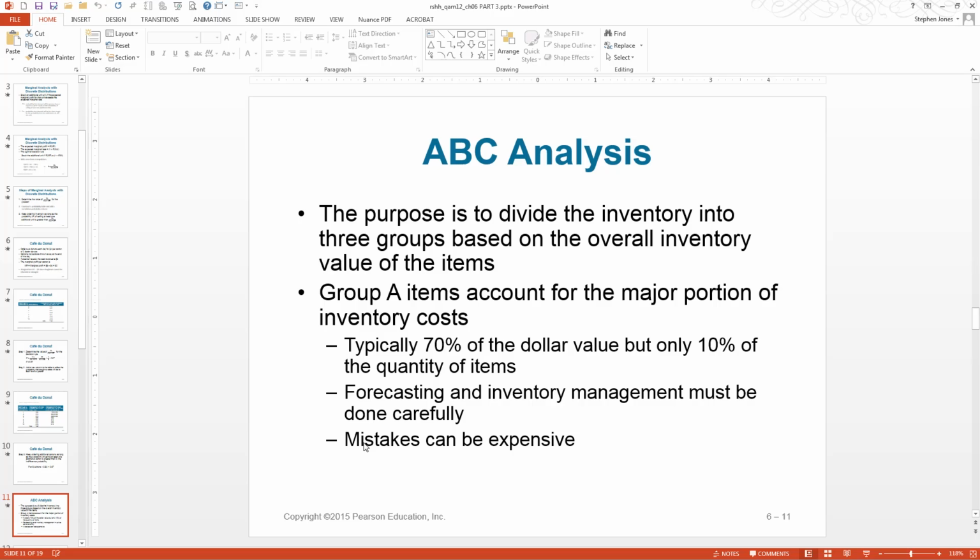Now here's a different kind of analysis. This is a non-mathematical analysis, but instead of looking at inventory as purely 1 unit at a time, you're looking here in terms of control at trying to see which of the kinds of inventory that you keep control on, which items are the most critical to your operations, and therefore the ones that you need more scrutiny with.